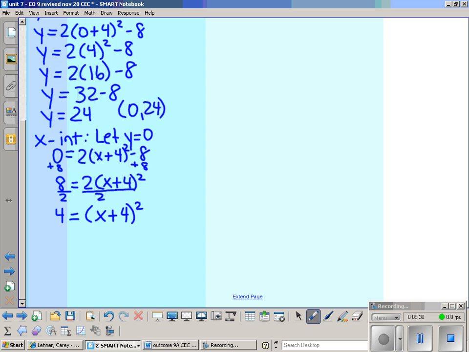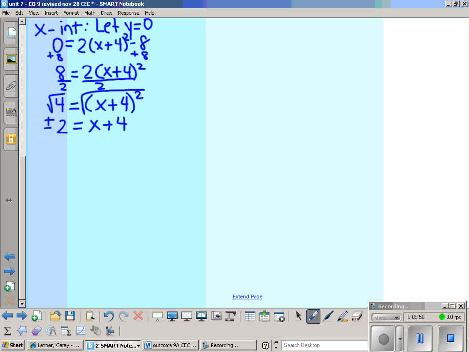To get rid of a square, the inverse operation is square rooting. Up to this point, this usually doesn't cause a lot of problems. Here is where some people forget a property. The square root of 4, when you're finding x-intercepts, is not just the positive square root. You have to take positive or negative 2 equals x plus 4. Now we are going to subtract 4.